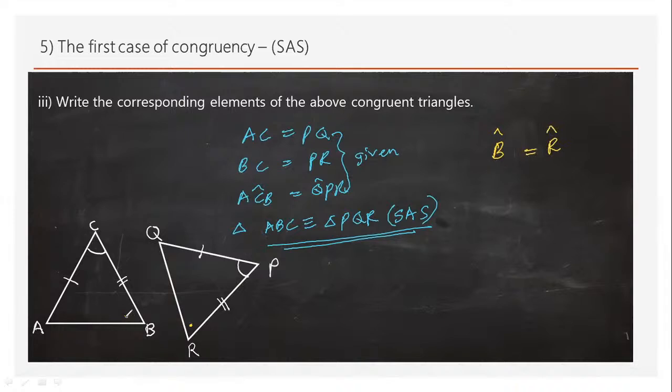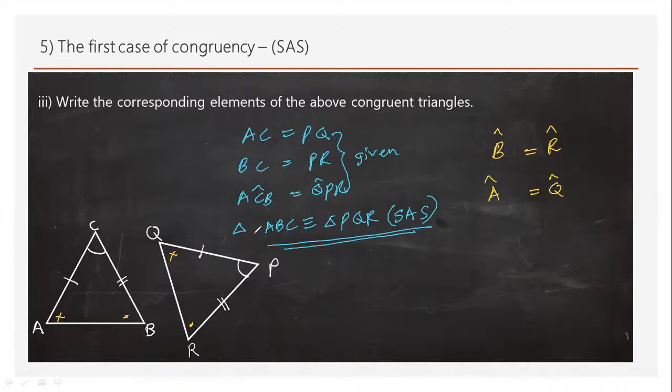Angle B equals angle R. Now look at BC side. BC is this side, double line side. In front of this double line, you can see this Q. Then angle A and angle Q are equal. Corresponding. A corresponds to Q.